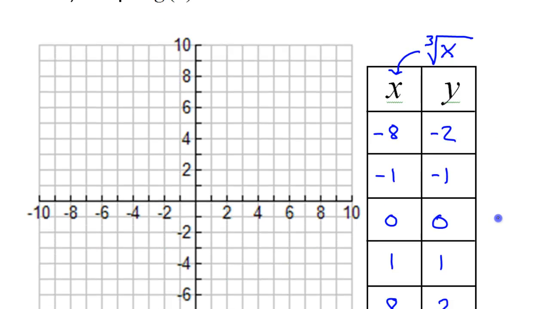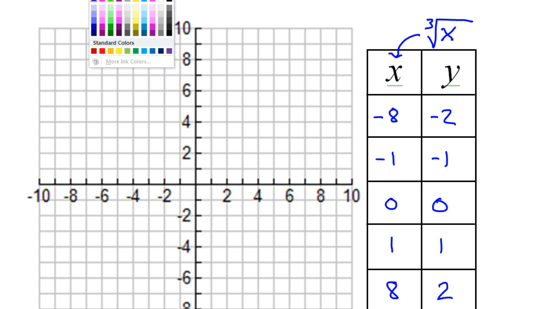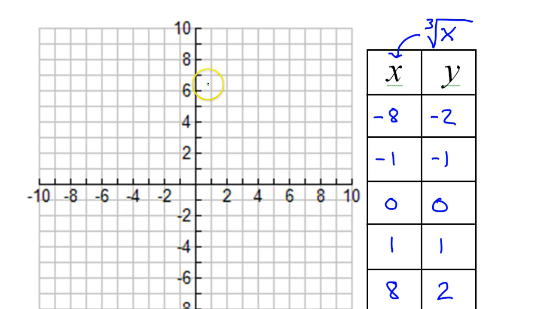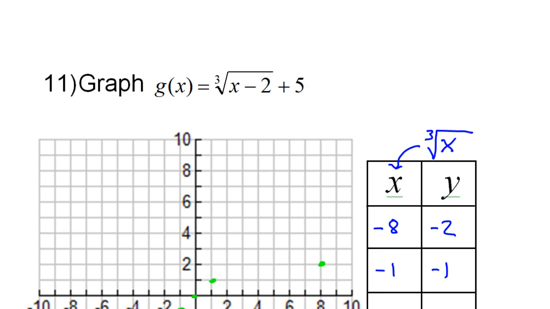So great. Let's go ahead and graph these, the parent function. So -8, -2, and -1, -1, 0, 0, 1, 1, and 8, 2. Alright, we'll leave that as the skeleton. Now, the thing we have not done yet is the shifting.